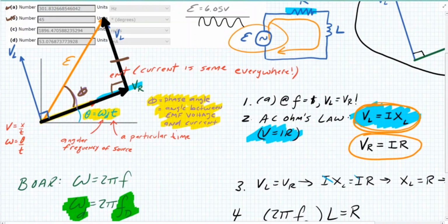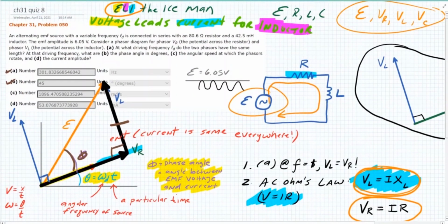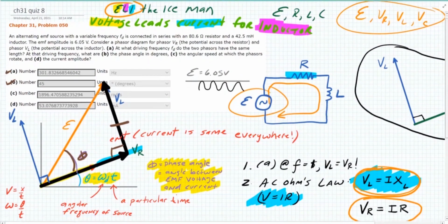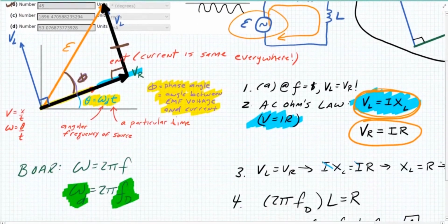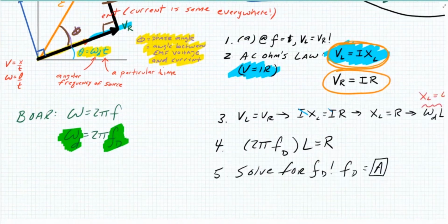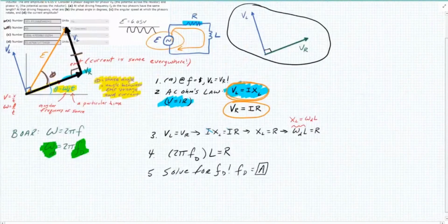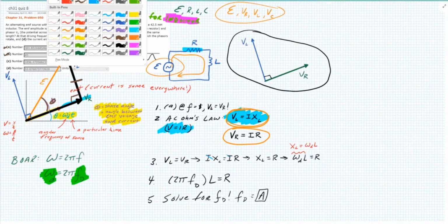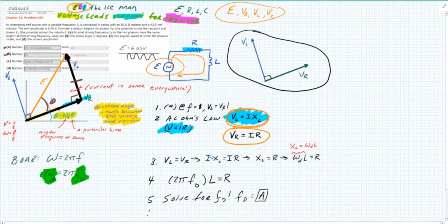Part C says, the frequency that produces this result, the voltage drop across the inductor being the same as the voltage drop across the resistor, what's the angular speed? And we have that right from number 4. So let me zoom out. All right, number 4.